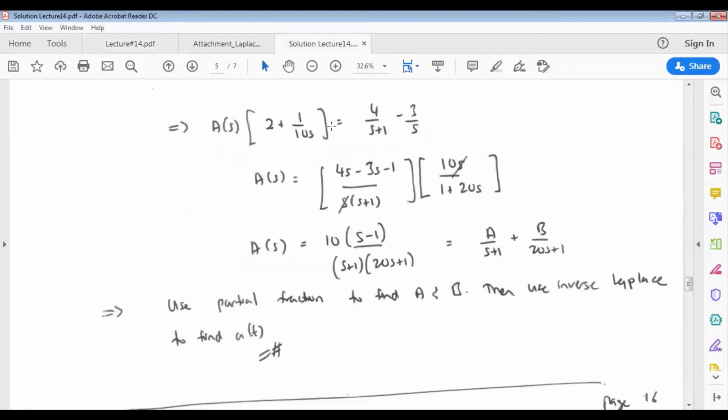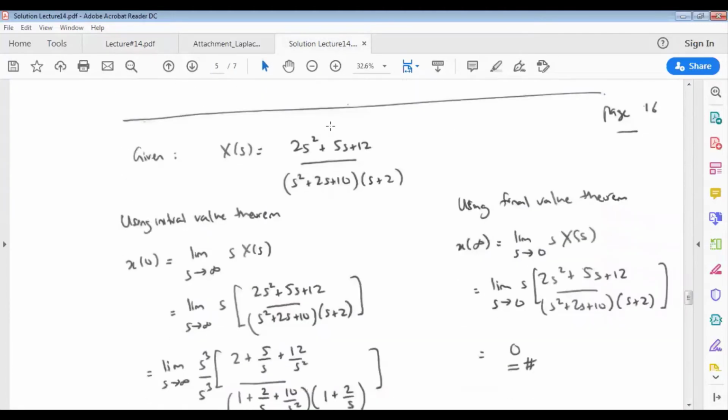Let's have a look at the solution. This is your X(s) given in the question. By using the initial value theorem, from the slide just now, the limit of t approaching 0 of x(t), which is x(0), can be calculated by the limit of s approaching infinity of s X(s).